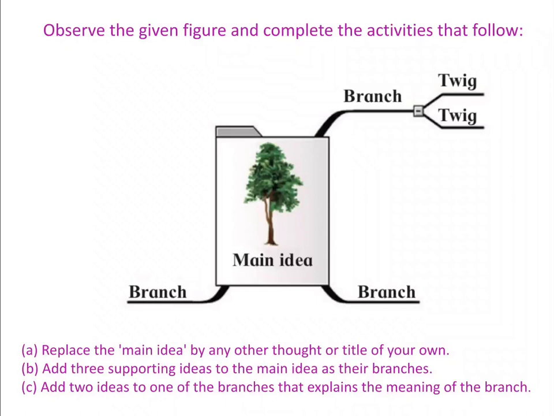You have to further think about other ideas related to any one of the 3 ideas that came out from the main idea or the topic. You can do this as an example in your English notebook.